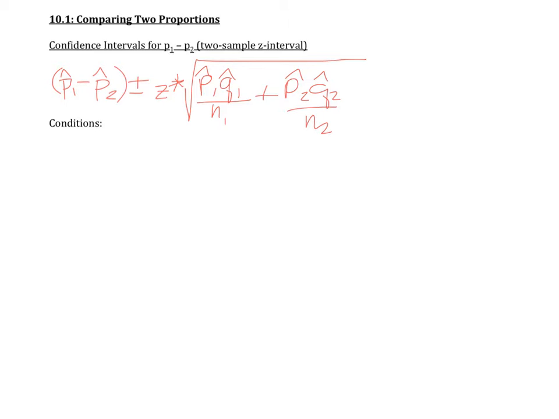So in this case, all the ones with the ones would be from one sample, and all the ones with the twos would be from another sample. So this is going to be called a two-sample Z interval.